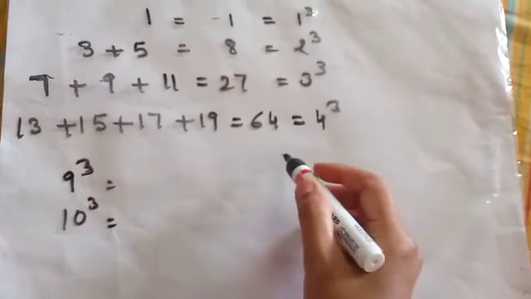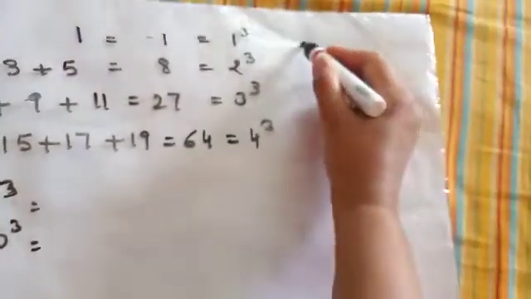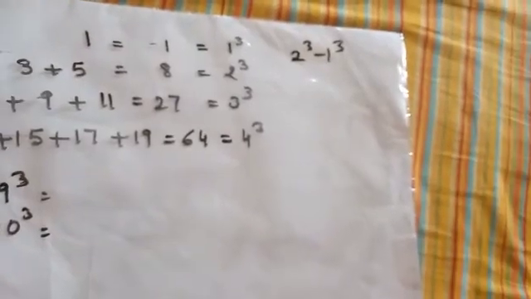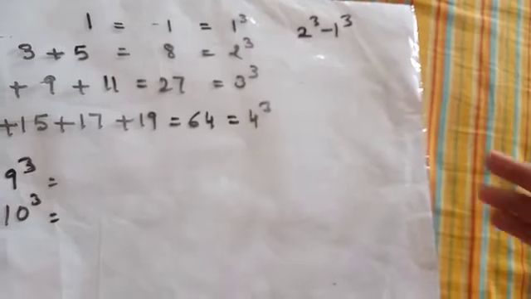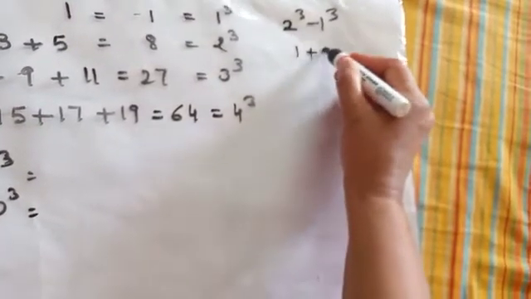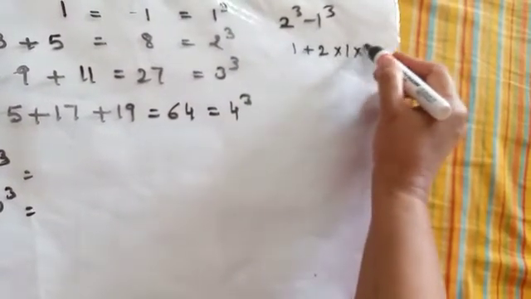And then I have one more question. How can you write 2 cube minus 1 cube? If I have to write 2 cube minus 1 cube, then it will be equal to 1 plus 2 into 1 into 3.